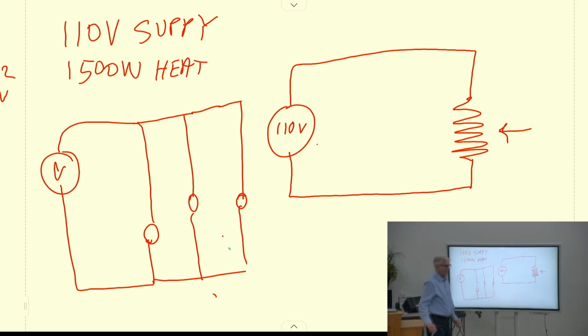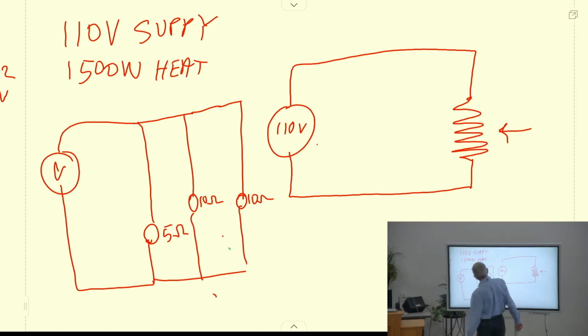So if this one is 10 ohms, and this one is 10 ohms, and this one is 5 ohms, your typical problem is, what's going to be the current in each leg? You have different loads here in the parallel circuit.